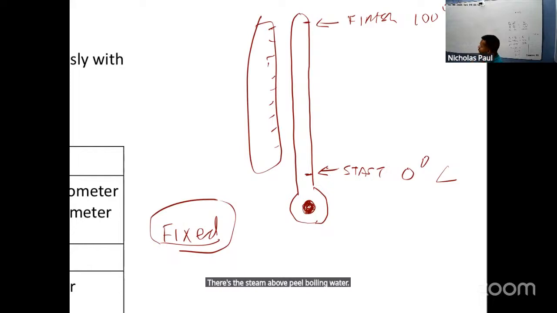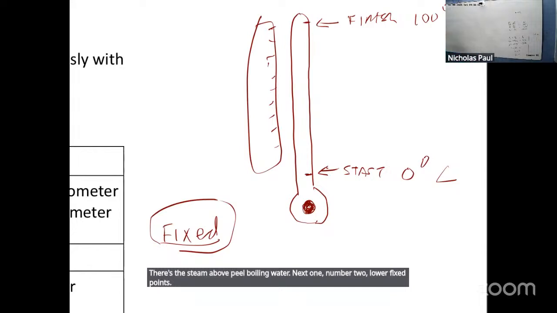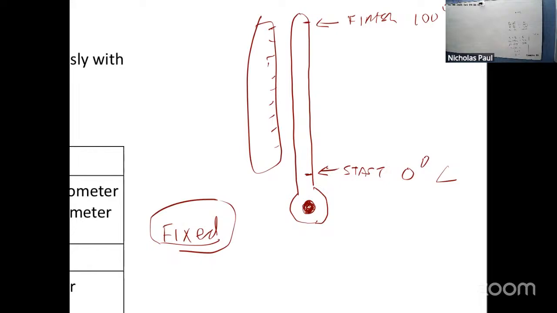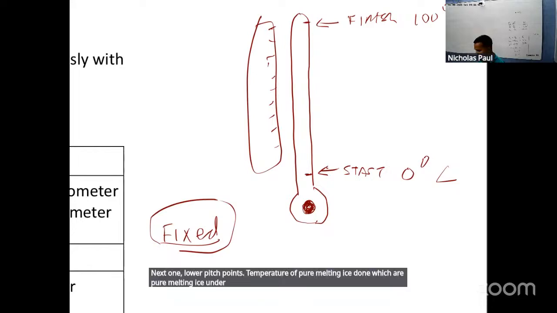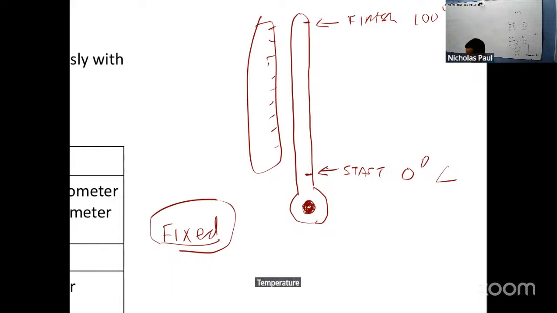Number two is the lower fixed point: the temperature of pure melting ice under standard conditions.